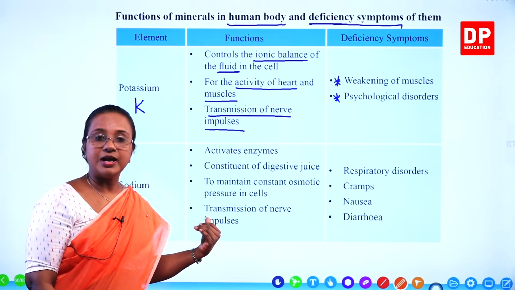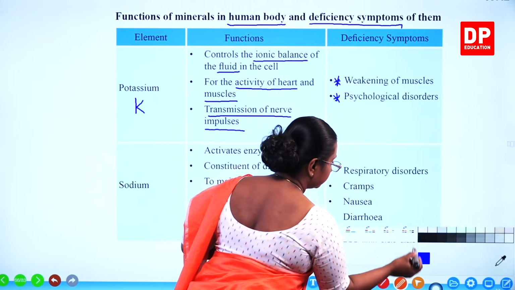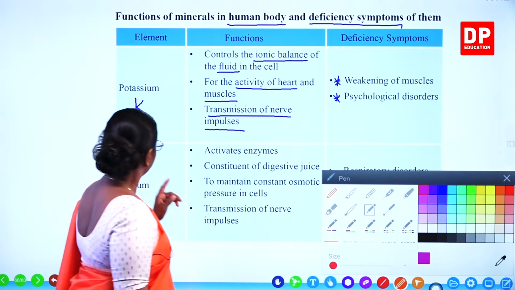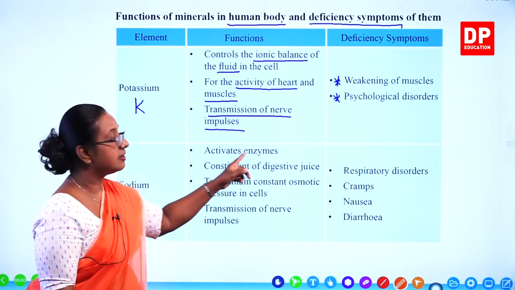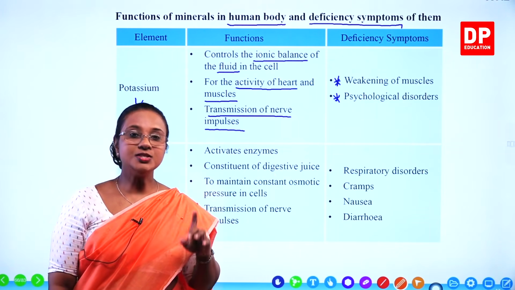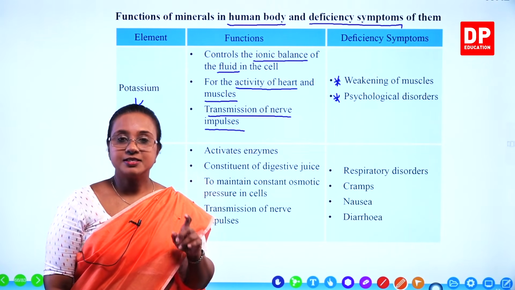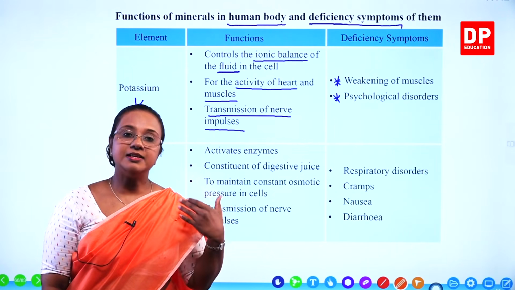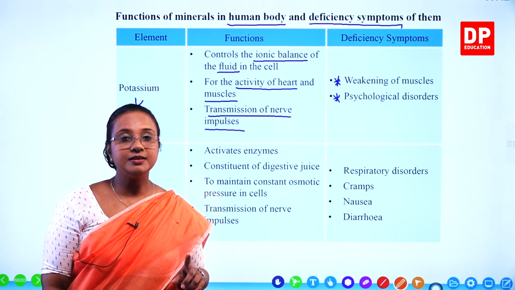Now, we will look at the next mineral, sodium. So, sodium is necessary to activate enzymes. Now, you can remember, students, what is an enzyme? Yes, it is a special protein that is produced within the body in order to do what?